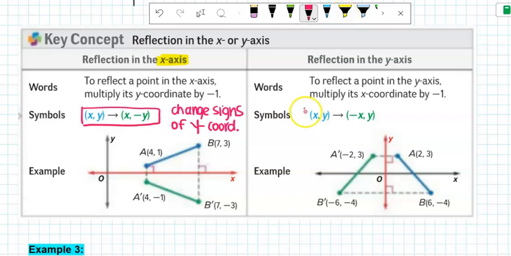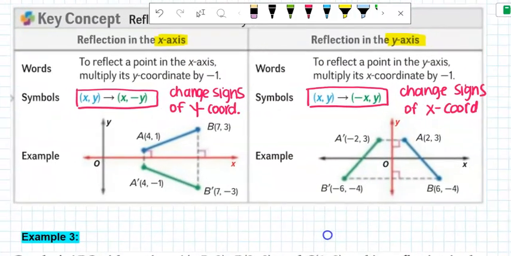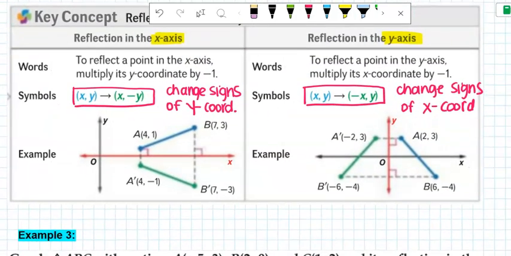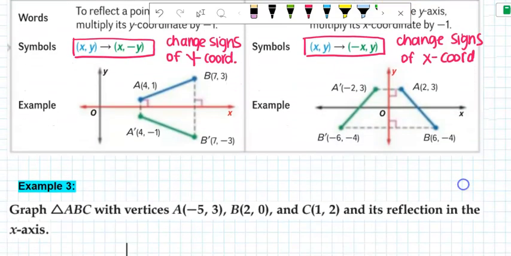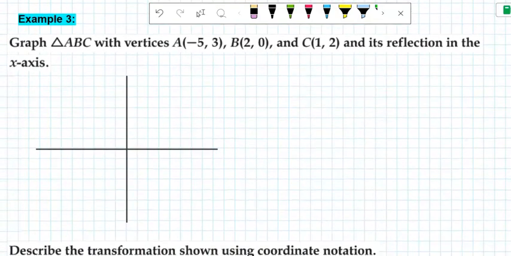Okay, and then the opposite happens in our y-axis. Okay, notice it's x comma y, which we are changing the signs of x coordinates. So you're changing the opposite, right? X-axis changed y, y-axis changed x. Not something that you have to memorize, maybe just a shortcut if you think about it. Okay, but no need to necessarily do that.